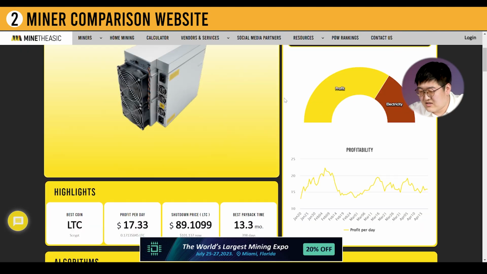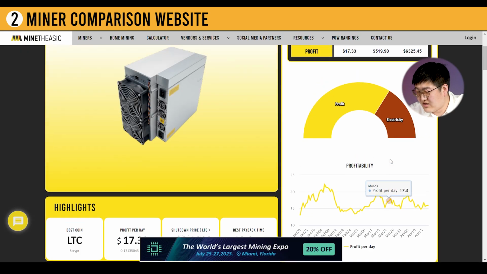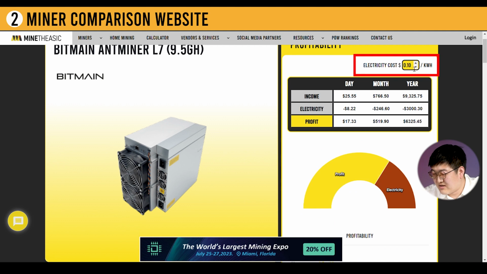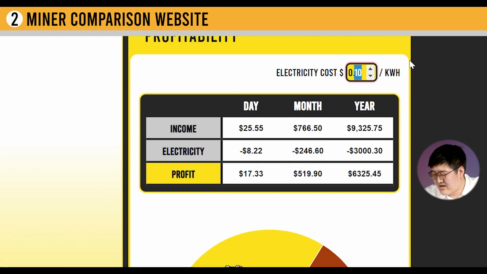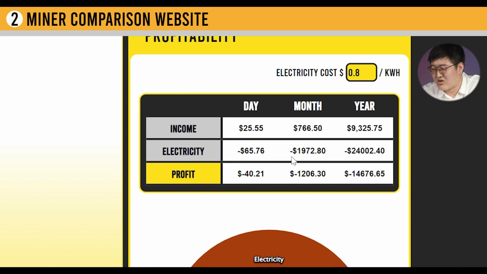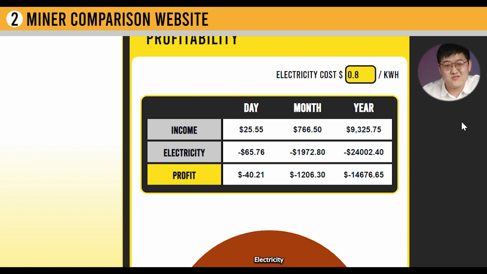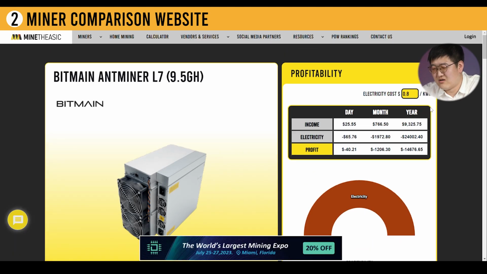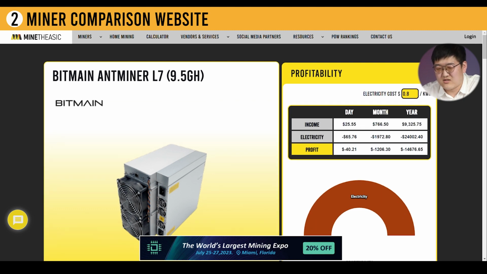But here in Mine the ASIC, you can put in your own electricity fee. Let's say my electricity fee is high. I'm from Europe. Maybe it's $0.8 per day, and you are earning a net loss, not a net profit, supposedly, of this Bitmain 8 miner L7.